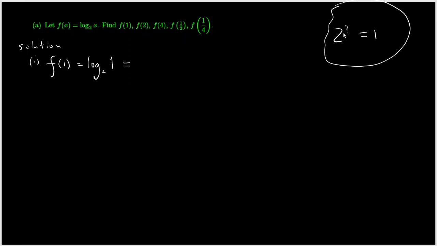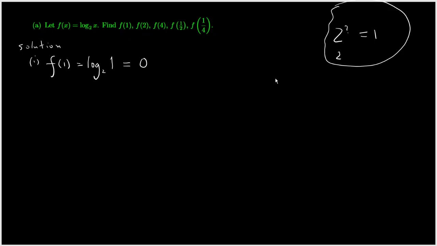Anybody want to tell me the value of the question mark? Yeah, 2 to the power of 0 is 1. We are looking for the question mark satisfying the condition that 2 to that power is equal to 1. This will give you the value of log to the base 2 of 1. So the value is 0. You told me it's 0, right?